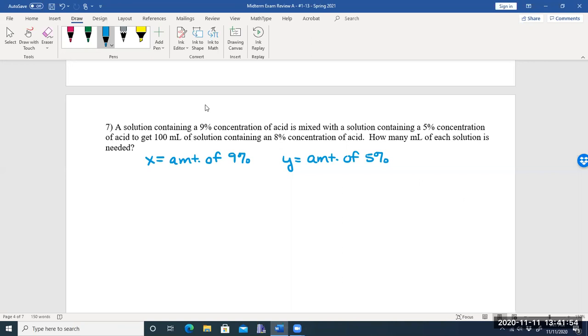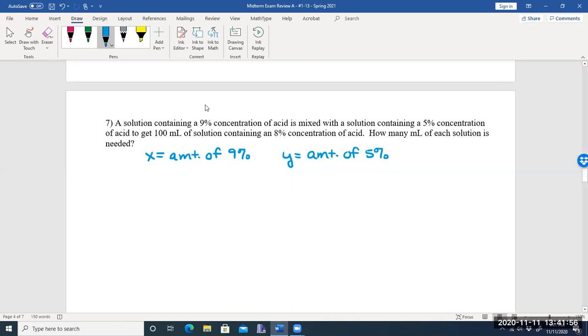So if you checked out the solutions that I posted in Ivy Learn, I did it the way our book does it. But for this video, I think I'm going to use a system of equations, which is not the way our book does it, but it's the way I like to do it. So first, our first equation is going to be x plus y equals 100.